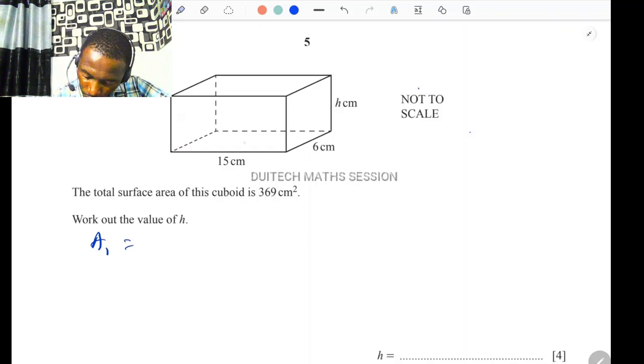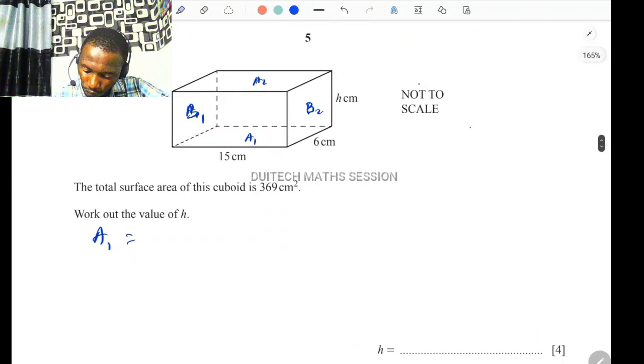So we have A1, we have A2, we have B1, we have B2, right? Then for the face, we have C1, then we have C2. So there are 2, so we can just join them together.